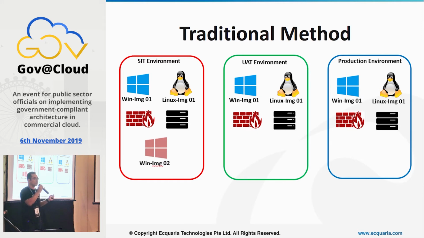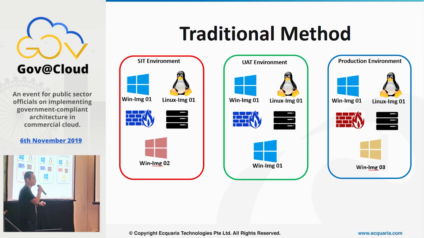So you may launch a Windows image using number 2 and launch a firewall. You can say, okay, no problem. So you do it in the SIT, but you are using the same image number 1 by rule. UAT still passes because maybe image number 1 and 2, the hardening rules are not much different. But when it comes to production, you choose image number 3.